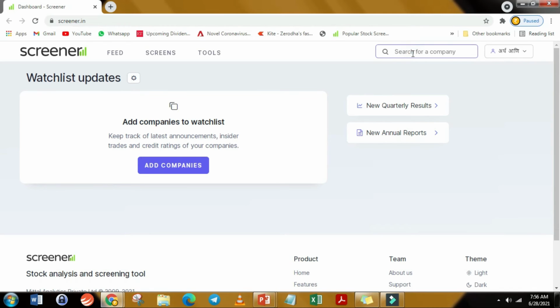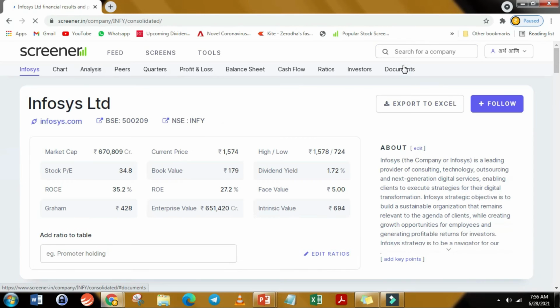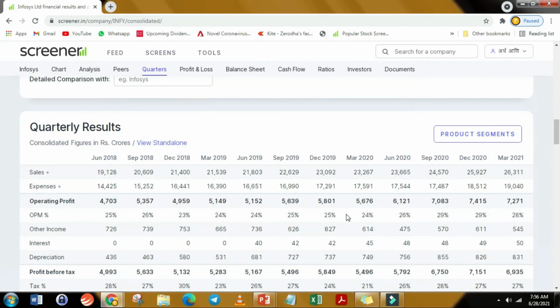Here, suppose I put in one of the companies like Infosys, I have to put the name, and here you can see there are various things. If I'm doing a fundamental analysis, I will look at these quarterly results, how the sales have happened, how the profits have grown.